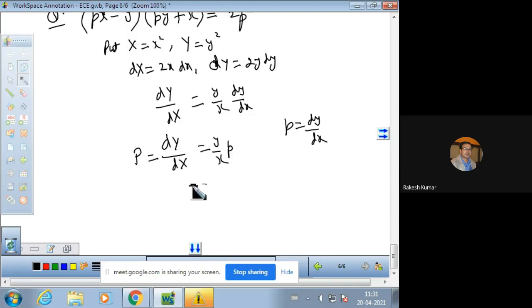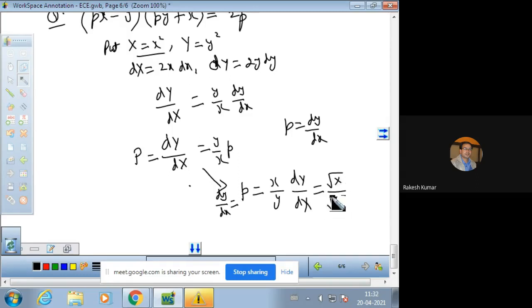So you will have the value of small p, and by taking y over x to this side, you will have x over y d capital Y by dx. And it means the value of p, and p is clearly, we know, dy by dx, is equal to the value of small x, and from this equation the value of small x is square root capital X over square root capital Y dy by dx in capital form.